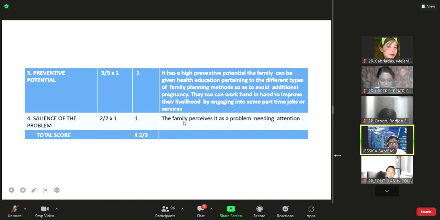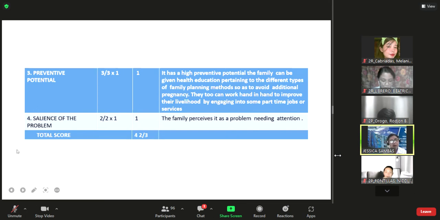So the family perceives it as a problem needing immediate attention. And then all the scores that we computed, we are going to total. We have to create a summary of those particular scores that we give for every criteria. So it's 4 over 2/3.